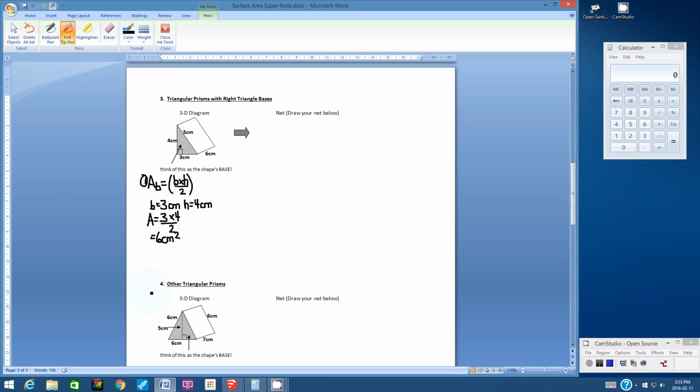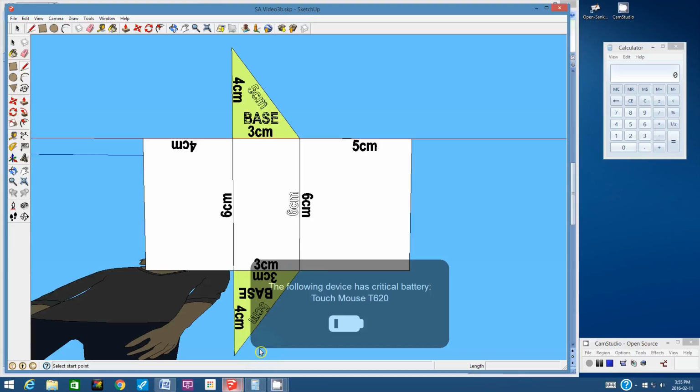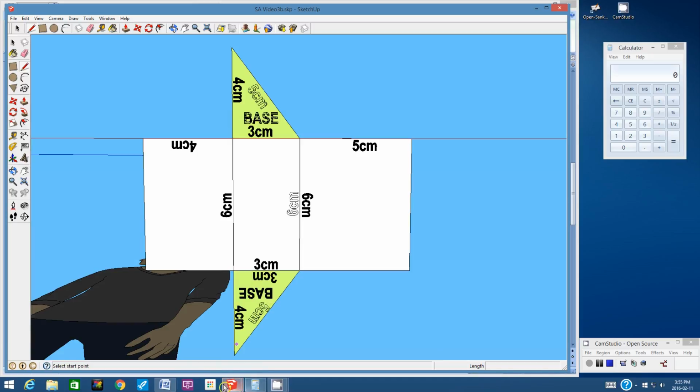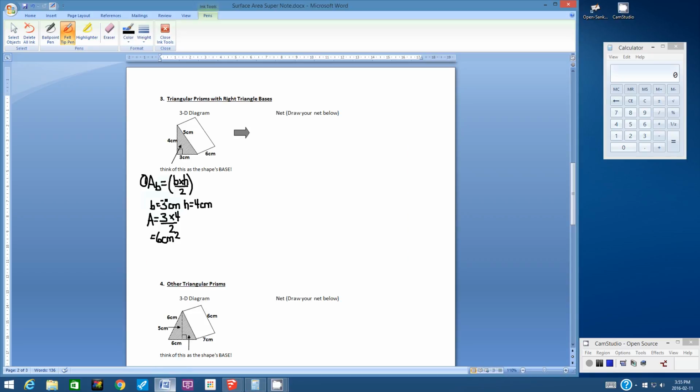But if we look at our net, we know that there are 2 identical triangles here. So let's multiply that by 2. We take our 6 centimeters squared and multiply it by 2 to get a total of 12 centimeters squared. Okay, so that takes care of the 2 triangular bases.